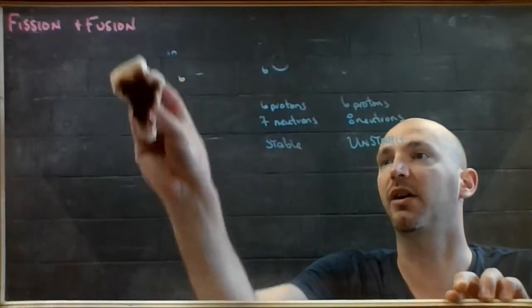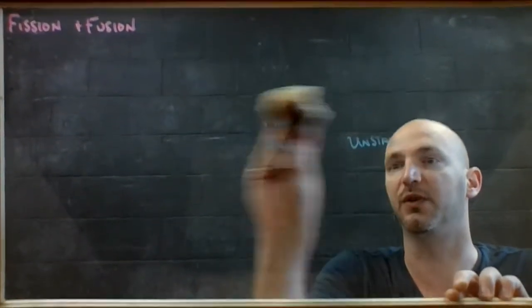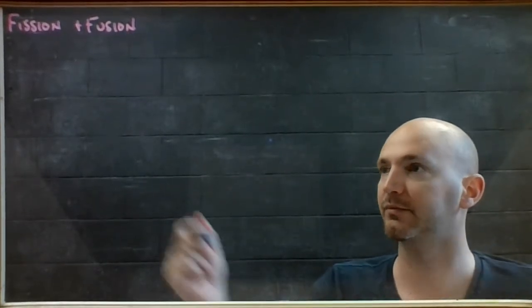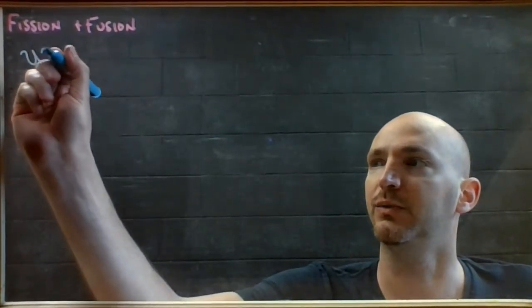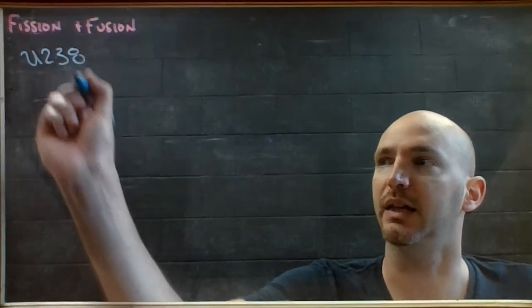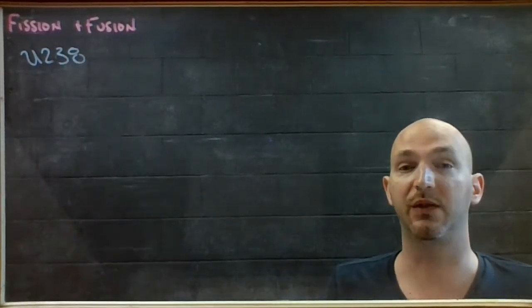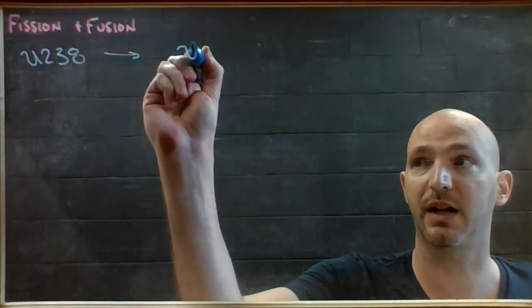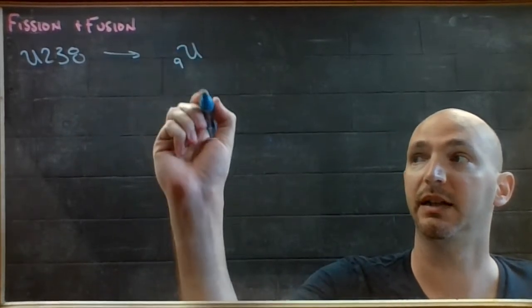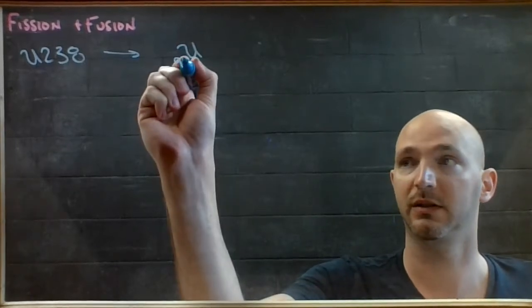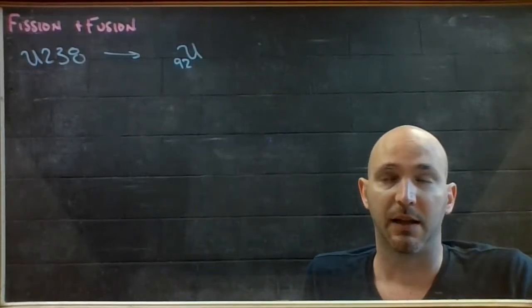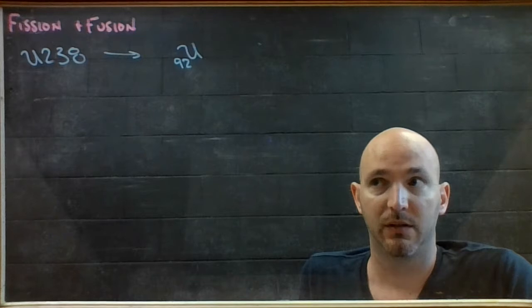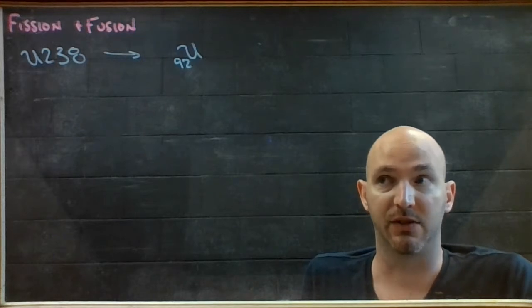Well, we're going to park an isotope of uranium up here, uranium-238. U-238. Okay, so if you looked up uranium on the periodic table, you would find that it is element number 92. That means it has 92 protons inside of its nucleus.